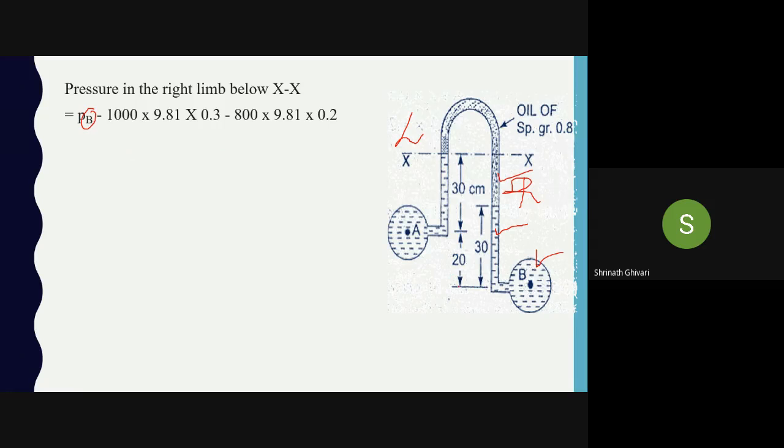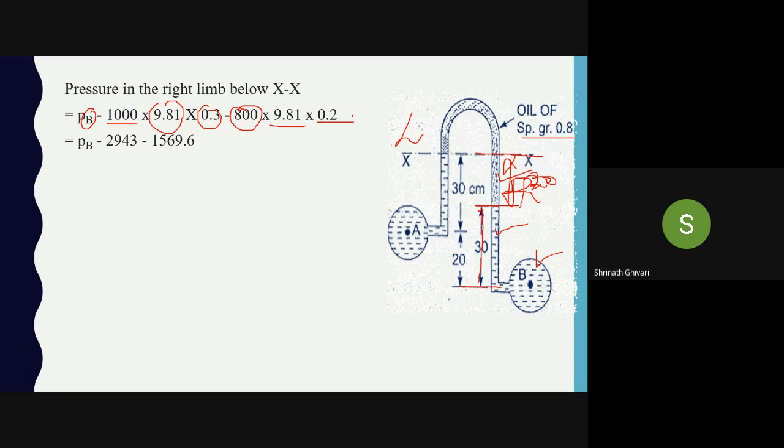So from this level to this level, 1000 density of water into 9.81 g into 0.3, this is the distance, 0.3, from the level of oil, minus 800 density of oil into g into 0.2. We have found out this level is 20, so that is 0.2. Everyone got the same?